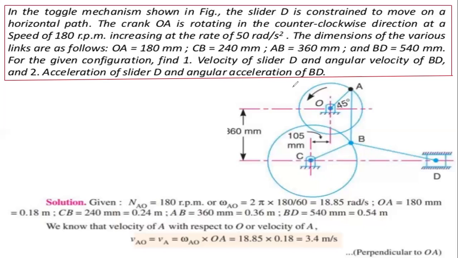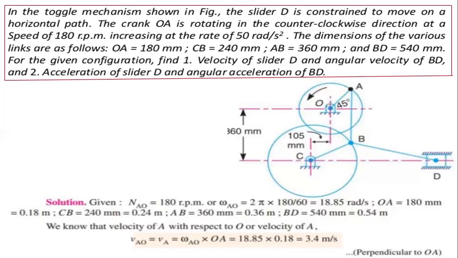The diagram has been given directly in the question, so you can see the diagram in the slide. This is the toggle mechanism, which has two cranks.